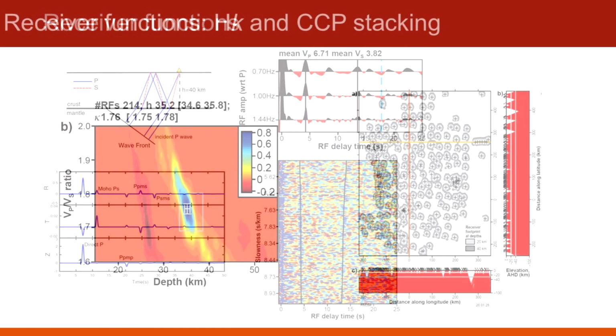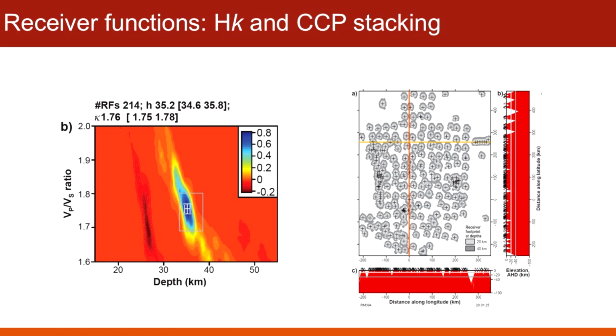By combining this, we can just do a simple 2D search. For each point, we can predict the arrival times, and then we can sum up the receiver function signal. And then eventually, this is where the real Moho is.